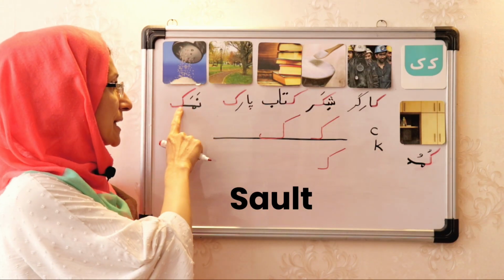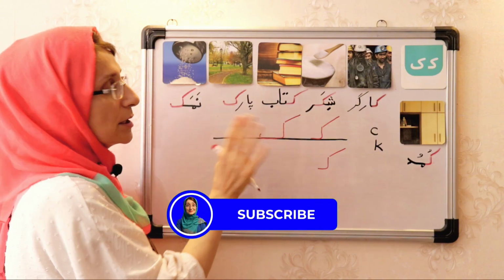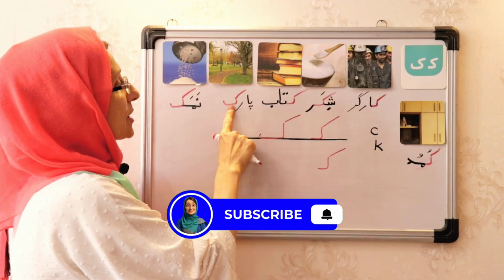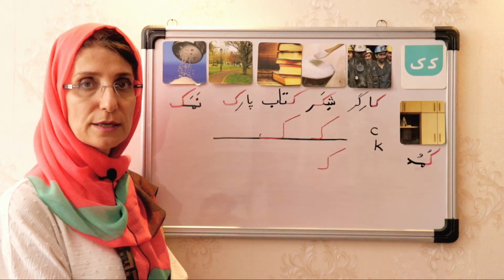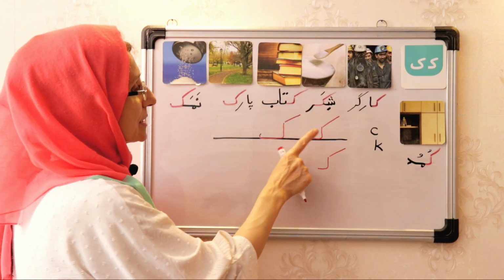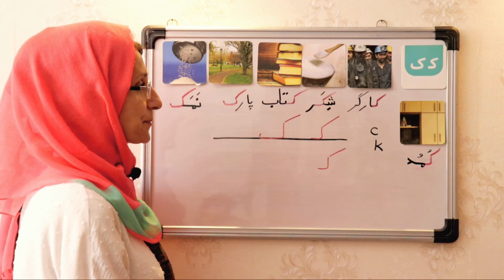You see K at the end in final position, or lonely without taking the hand of another sound, like in the word park. Park, a loan word from English. K غیر آخر, K آخر.